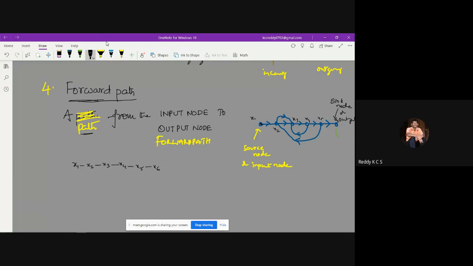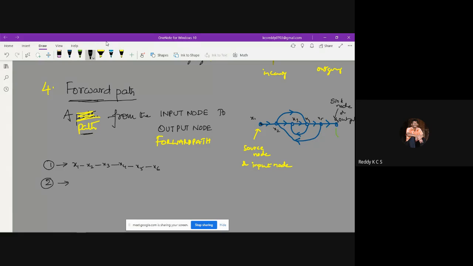I'll write one more signal from here in this direction. So this is the first forward path, this is one. And there is one more way to reach from the input to the output.